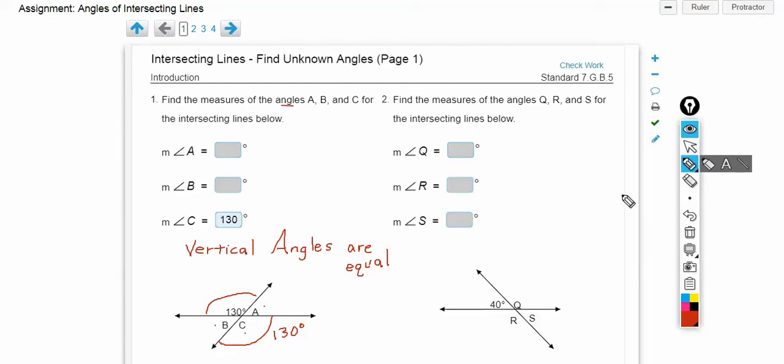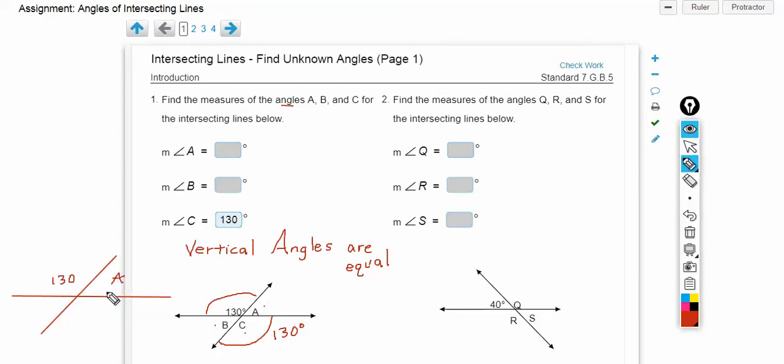Again, you should be drawing these angles in your notes. You basically just draw a line that looks like this, and then draw a line that looks like this. Put some arrows on it. This one would be 130.